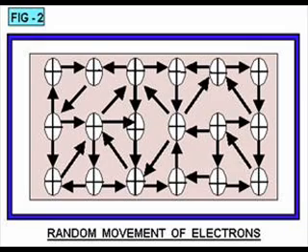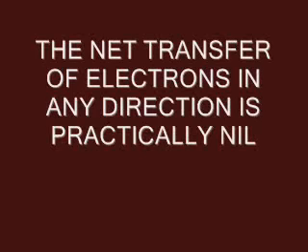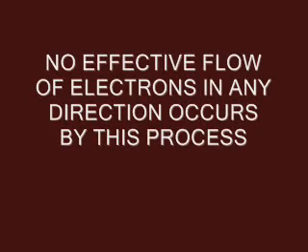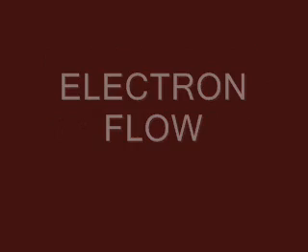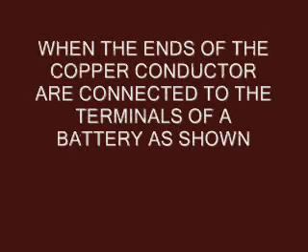The net transfer of electrons in any particular direction is practically zero, and no effective flow of electrons in any direction takes place. Let us now consider a circuit where the ends of the copper conductor are connected to the terminals of the battery as shown in the figure.